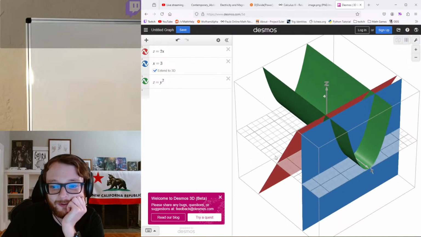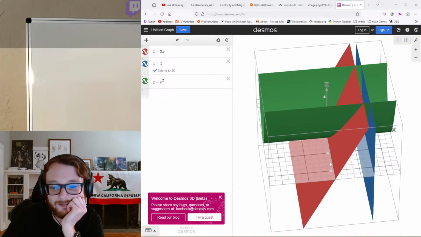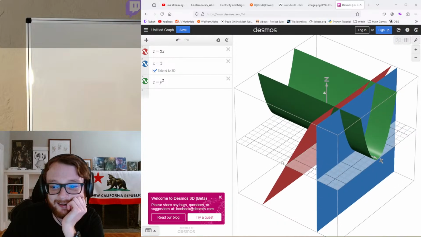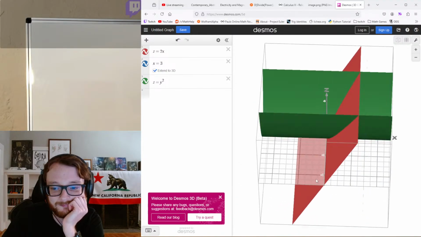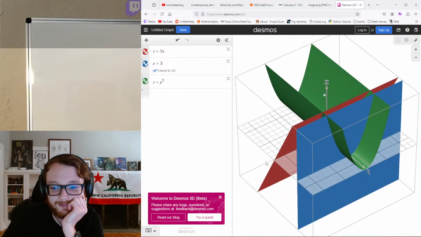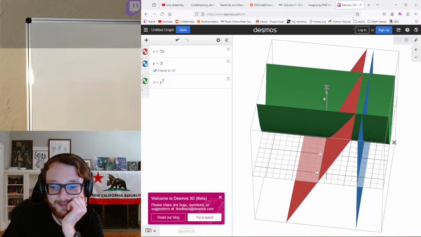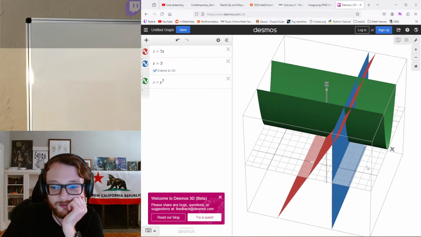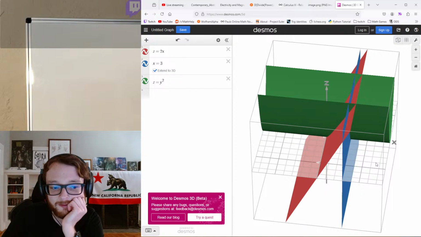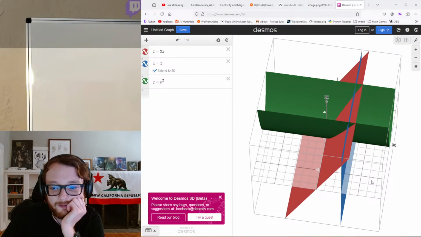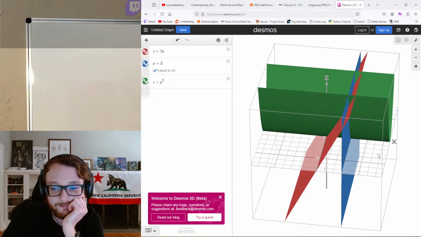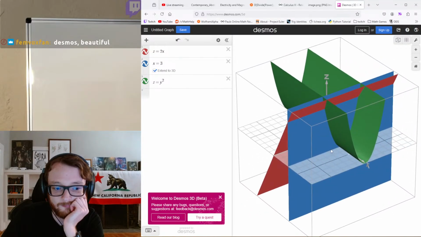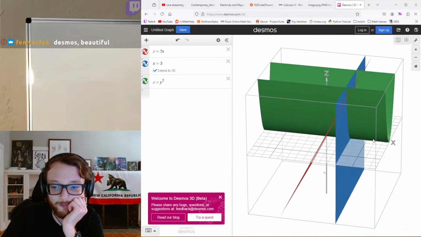Okay, so that's just hard to visualize. Yeah, this one is specifically just not simple. I think Desmos is really helpful here.